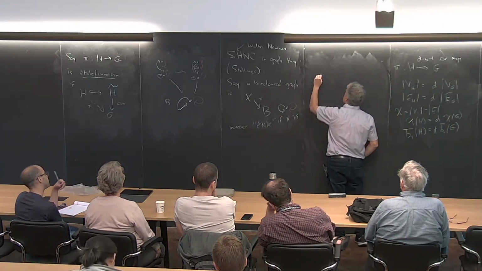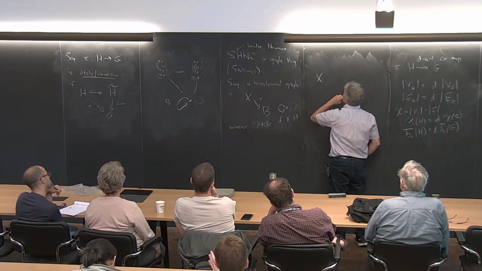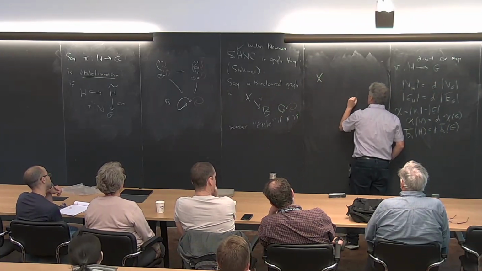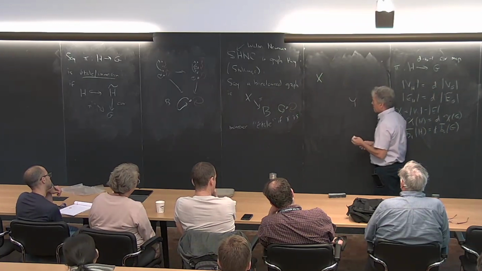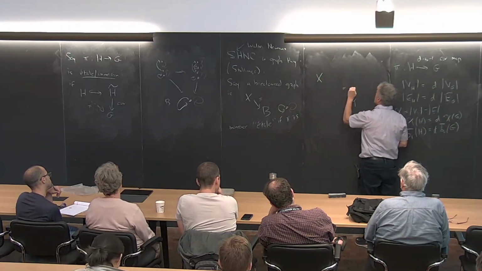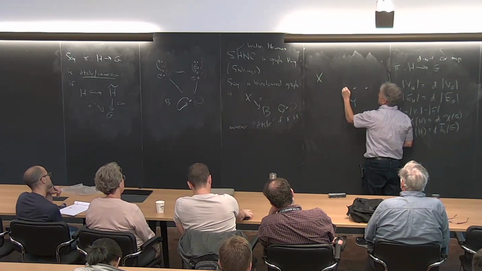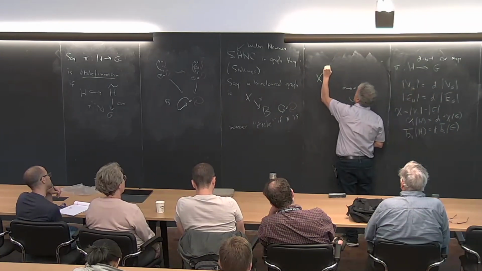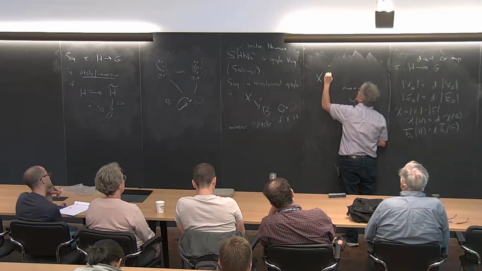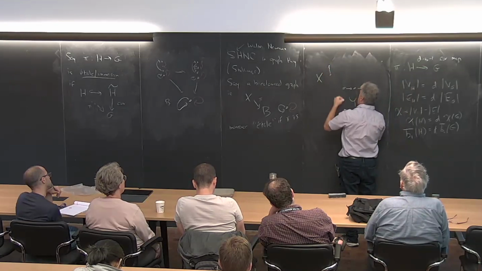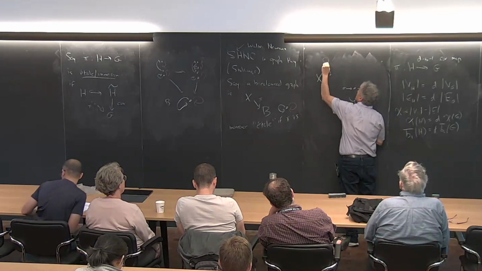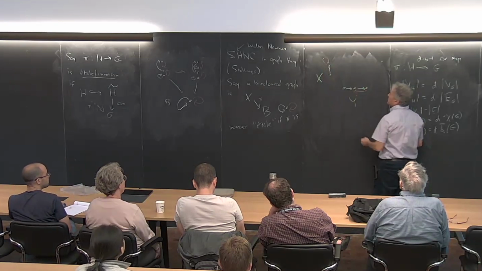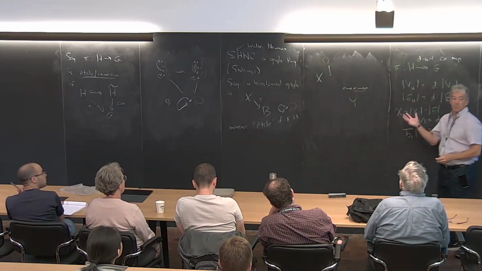So if X is a bicolored graph and say Y is bicolored, so you have maybe, I don't know, some edges here, an edge here. Maybe you have a red edge here, maybe a red edge here, and so on. There's a natural product.